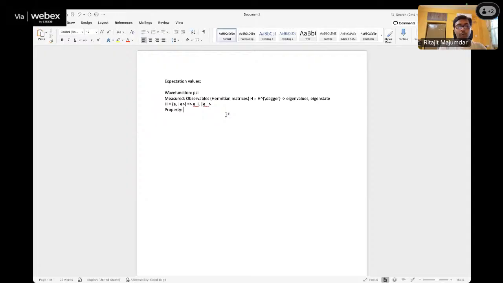So the property of Hermitian matrix is that all its eigenvalues are real. So this guarantees that when we are going to measure something, the value that we get is a real value. It makes some physical sense. It's not something abstract that I am talking about at this moment.